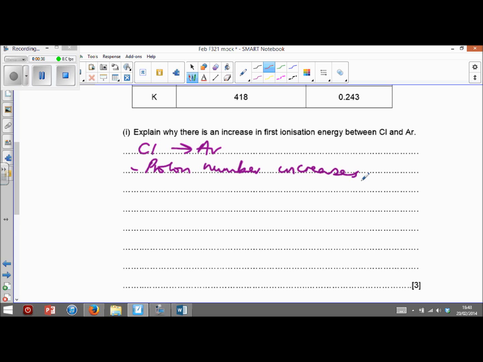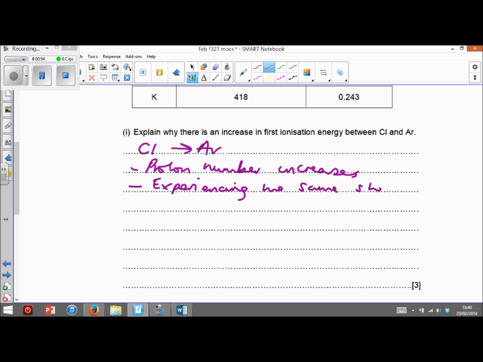Sorry about my writing with this pen again. The proton number increases, but electrons are being added to the same shell, so they're experiencing the same shielding.